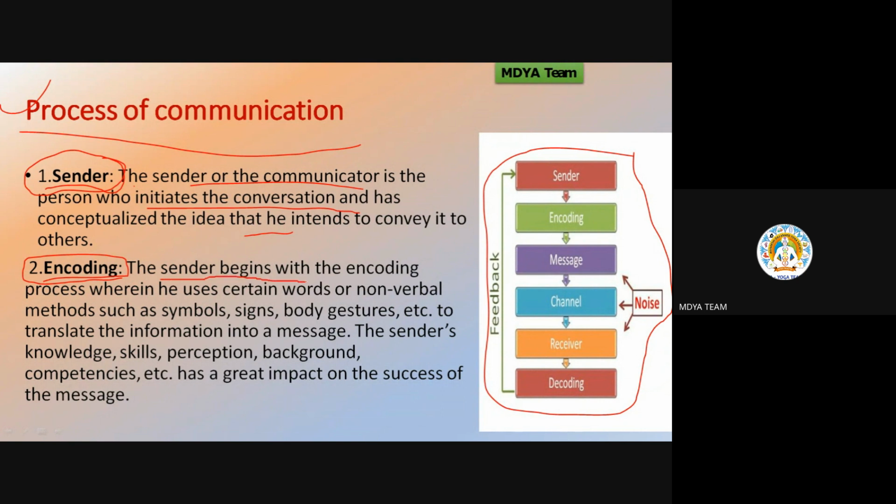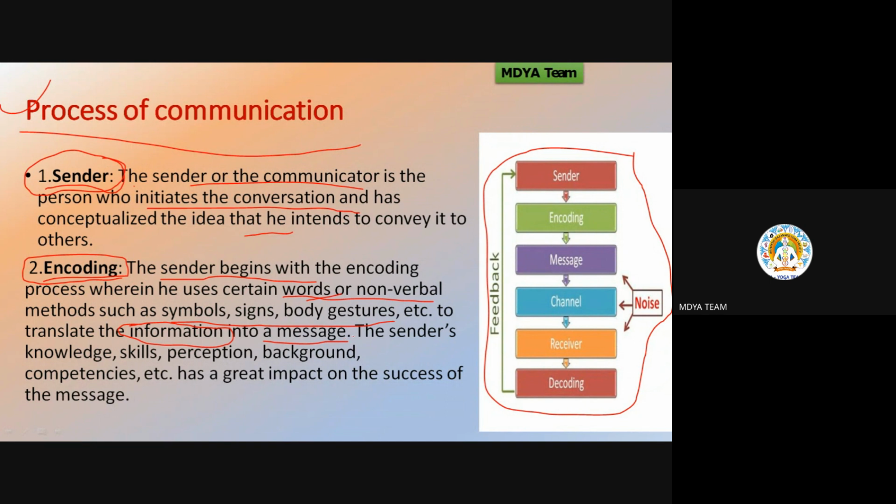The sender begins with the encoding process wherein he uses certain words. It can be through verbal method or non-verbal method like symbols, signs, body gestures, etc., to translate the information into a message. So in the process of encoding, whatever information the sender has, the sender translates into a message.